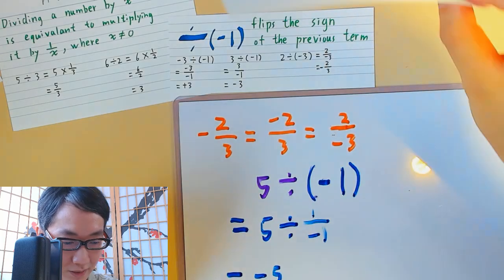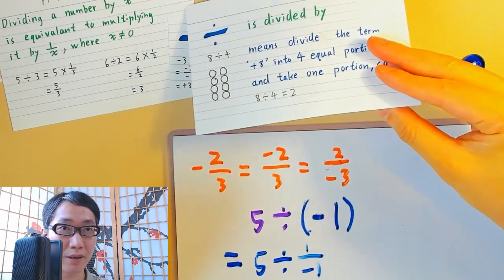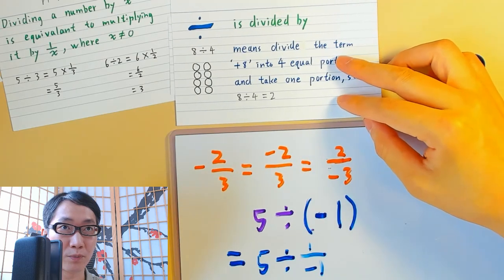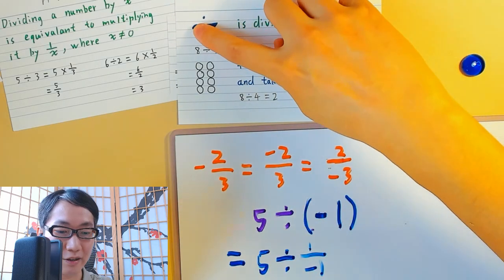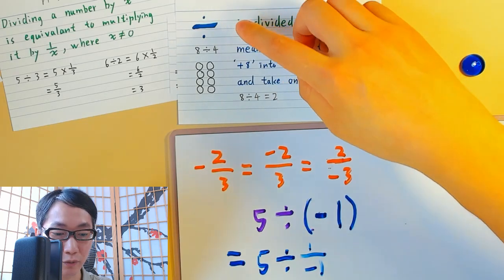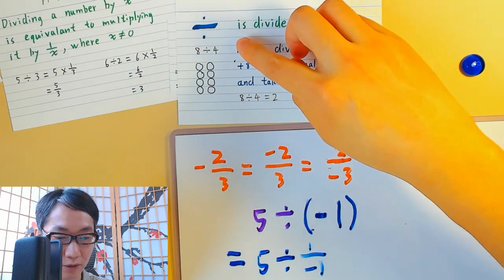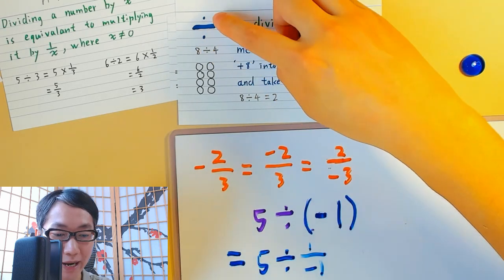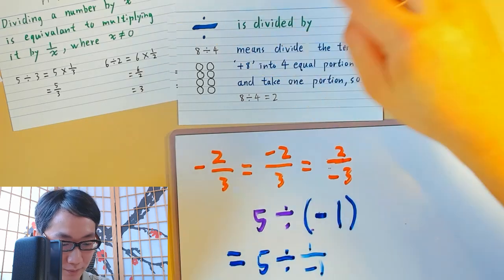Lastly, the division symbol actually tells us what to do. This is like a fraction, with a numerator and a denominator. So 5 divided by 4, 8 divided by 4: it's like putting the 8 on top and the 4 at the bottom.